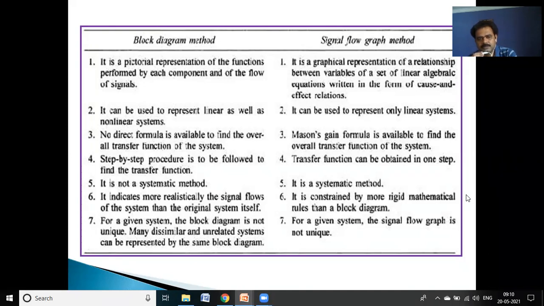We can start at any point. To understand easily, what I have said is initially we eliminate the cascade things, the next step eliminating the parallel paths, next step we eliminate feedbacks.